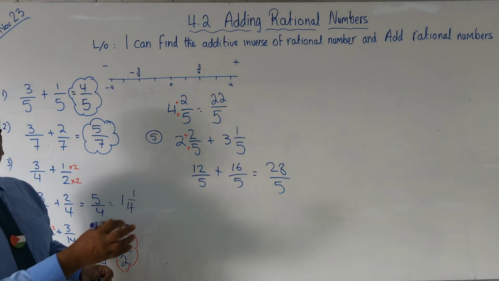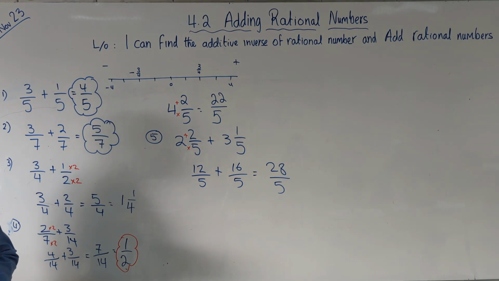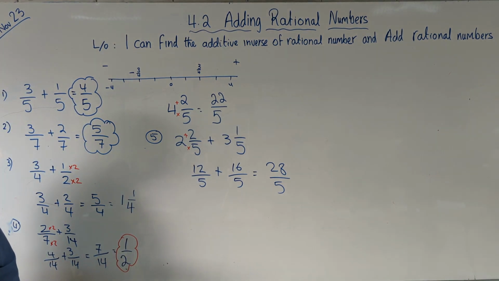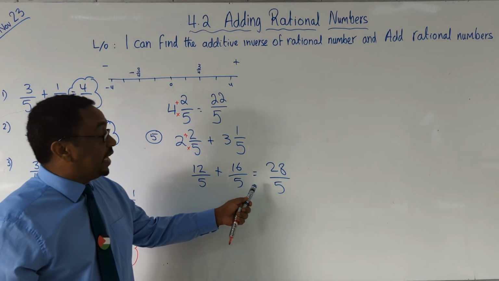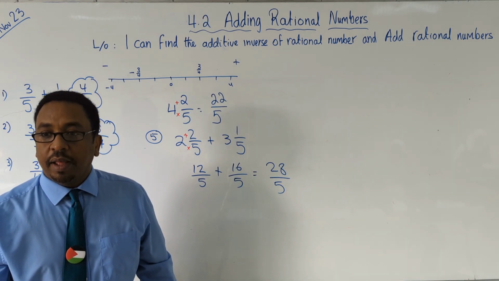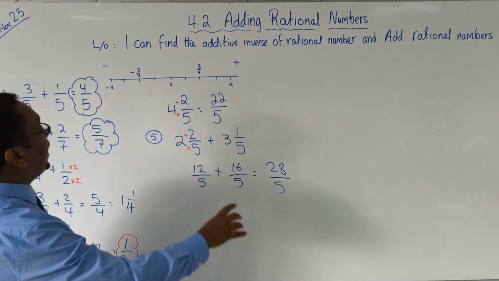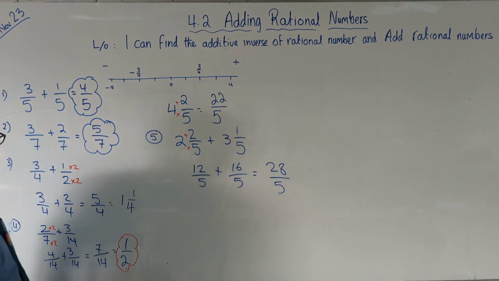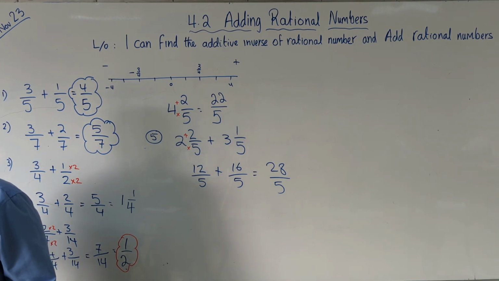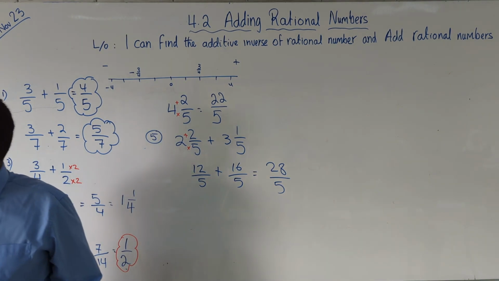But what we need to do is change this improper fraction into a mixed fraction. Like this, we need to change it into this. So who can remember how do we change an improper fraction to a mixed fraction?